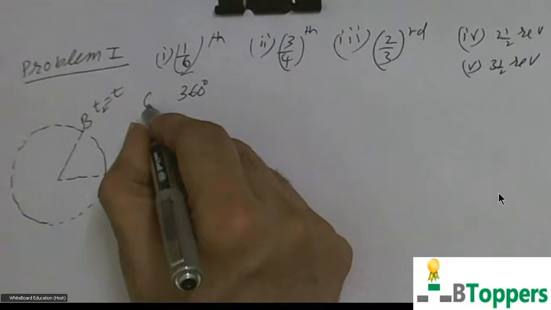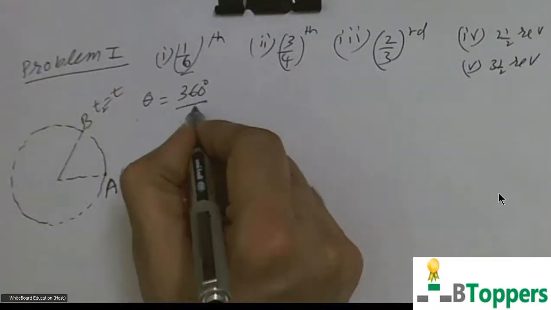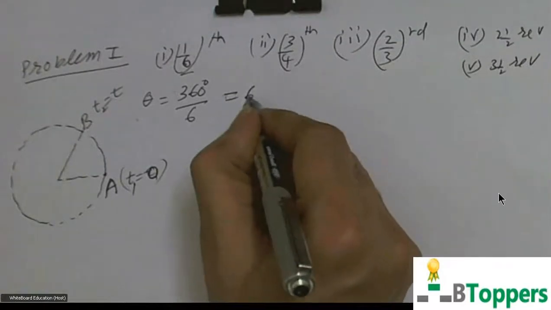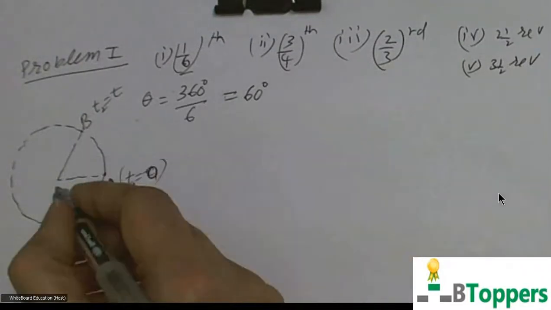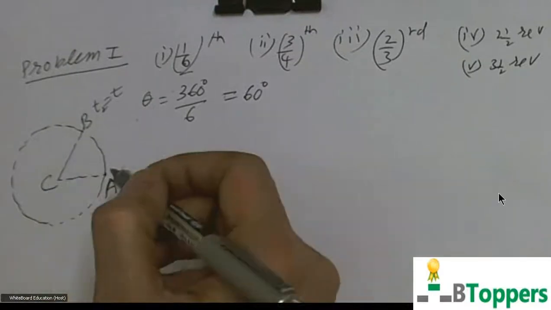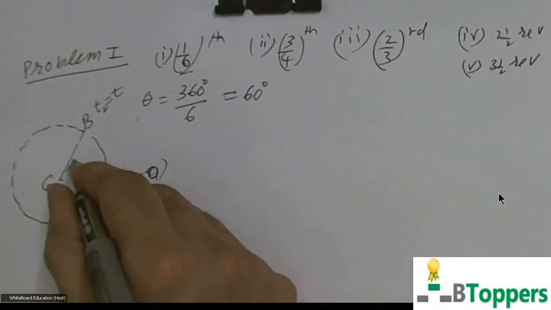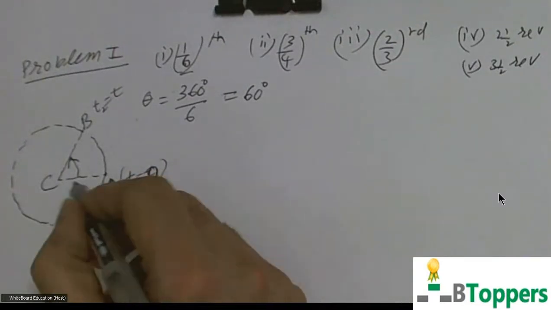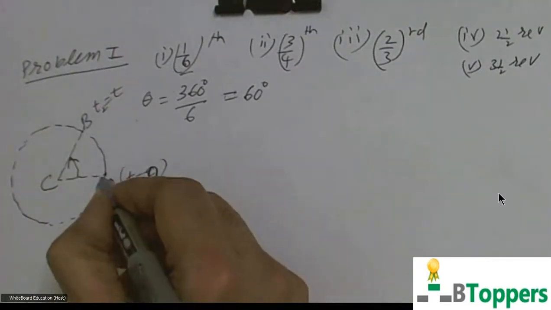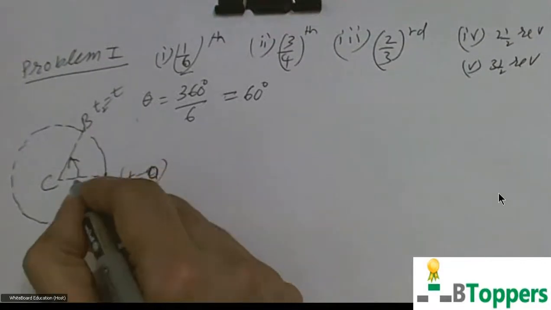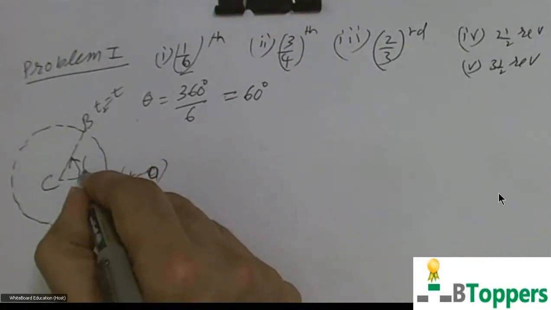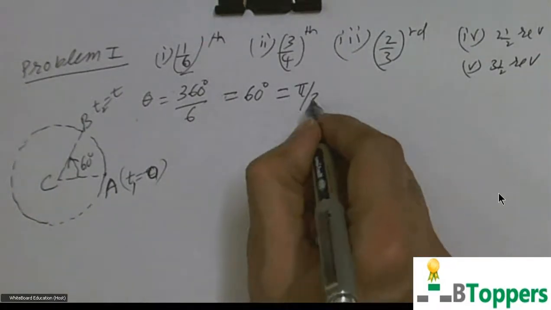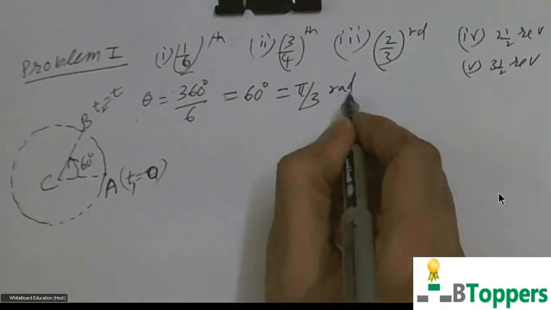So for 1/6 of the revolution, the angular displacement of the particle will be 60 degrees. Let C be the center of the circular path. That means when it completes 1/6 of revolution, it moves from A to B here. This angle ACB will be 60 degrees, or you can convert into radian, that is pi/3 radian.